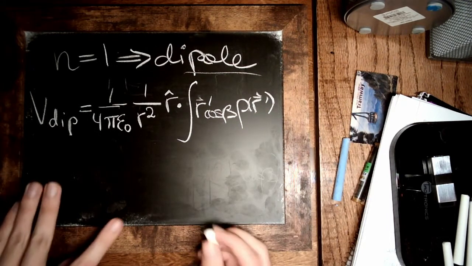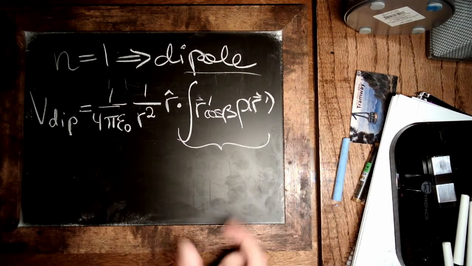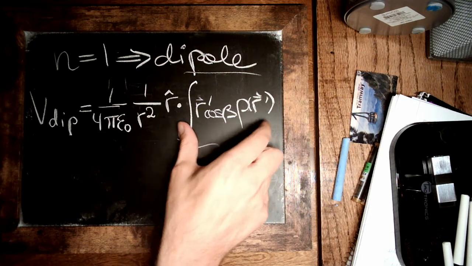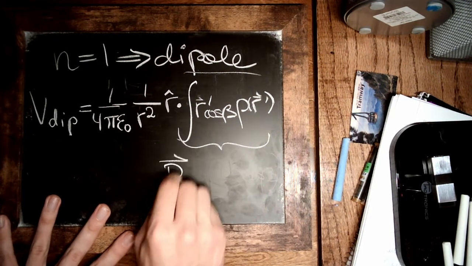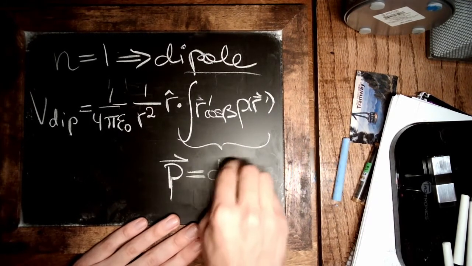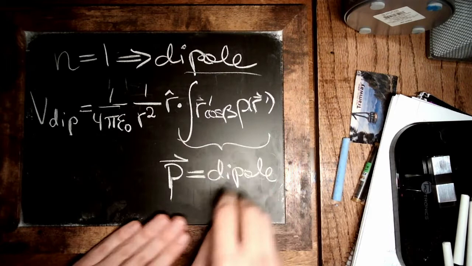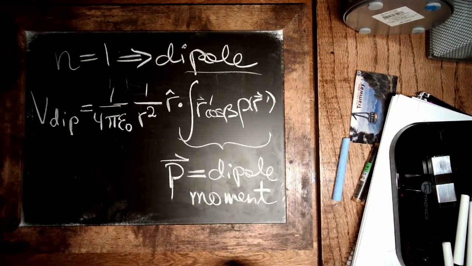But this quantity here is significant to us. This quantity, which is a vector, we're going to call little p, which is the dipole moment of the charge configuration.